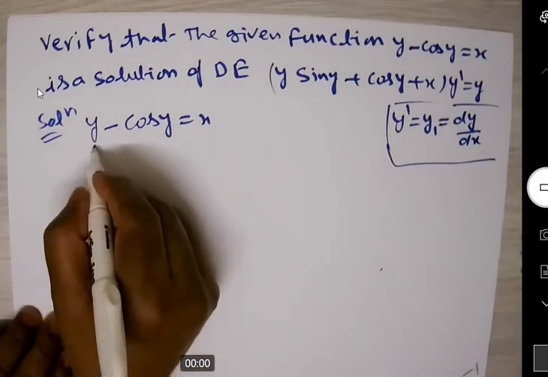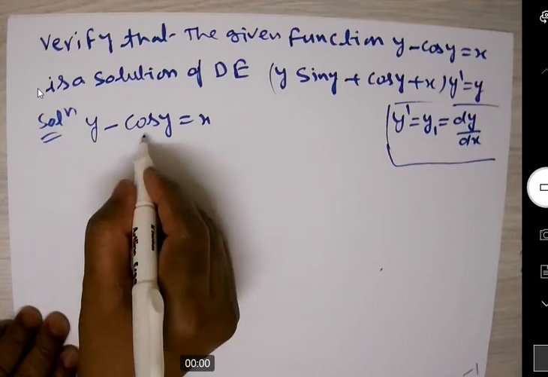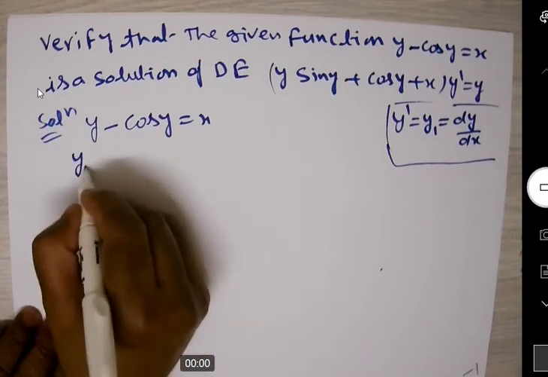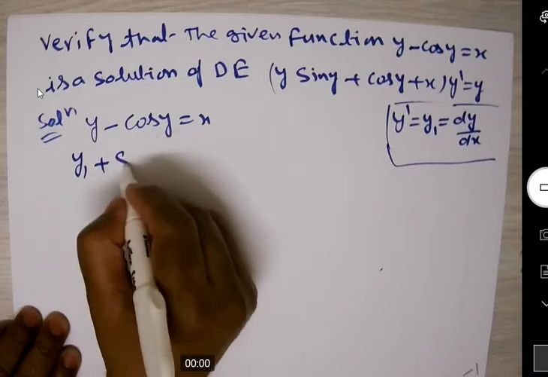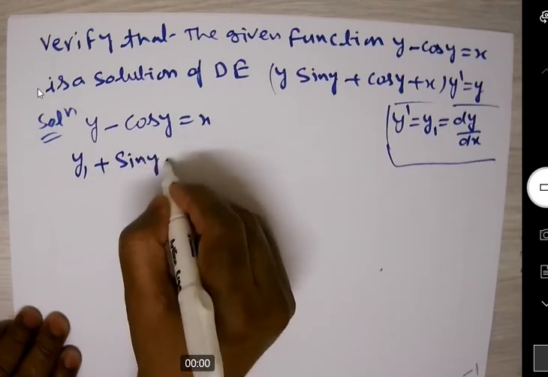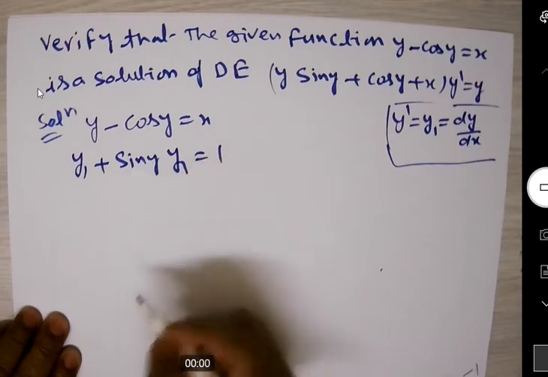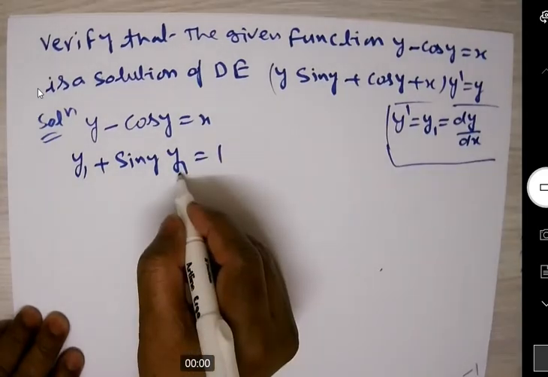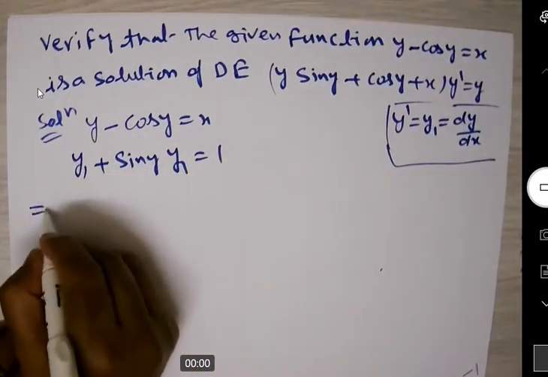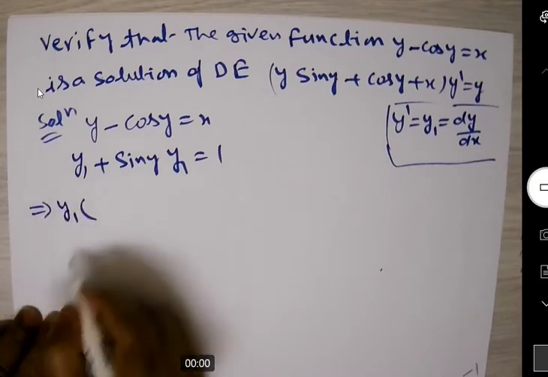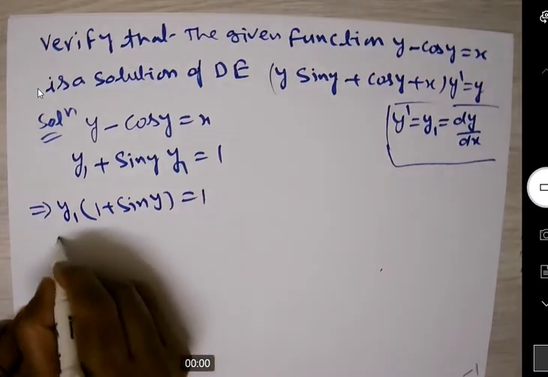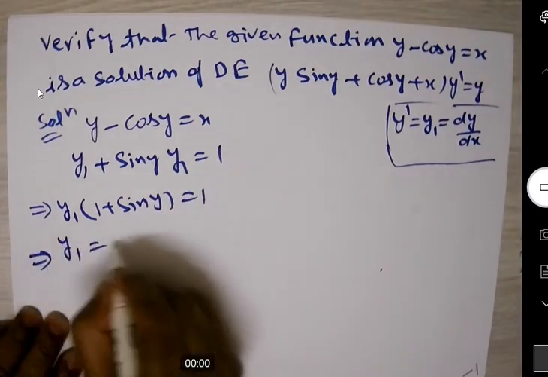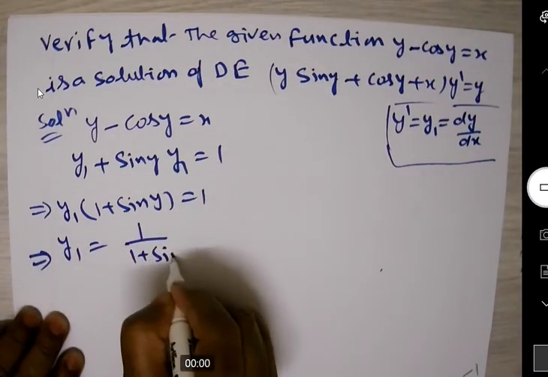Differentiating with respect to x, we get y1 minus derivative of cosine, which is minus sine, so minus minus plus sine y times y1, equal to derivative of x, which is 1. Here y1 is common, so keep it outside: y1 times 1 plus sine y equals 1. Therefore y1 equals 1 divided by 1 plus sine y.